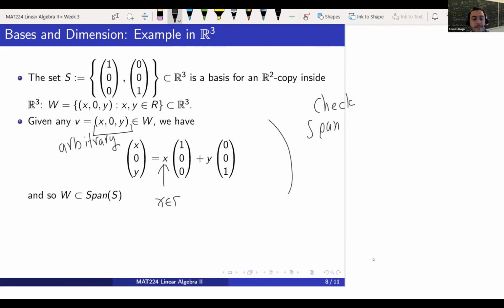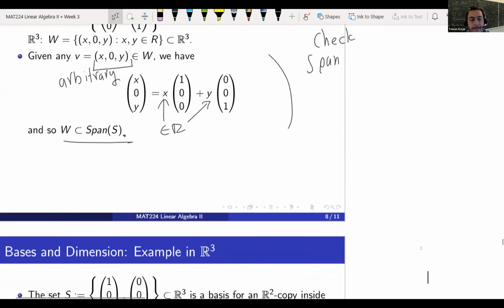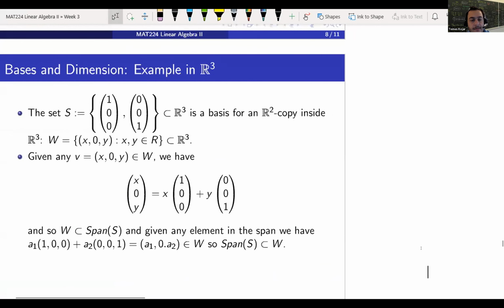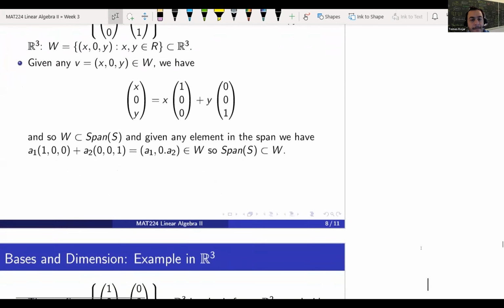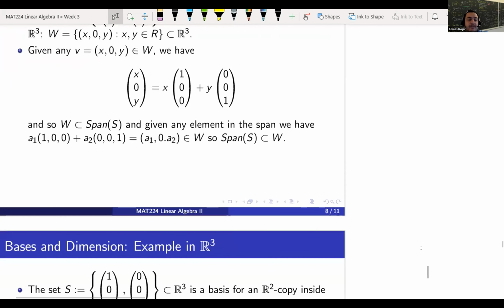So they're both in R. And we can do that because we have vector addition. We decompose the vector into these two vectors. So indeed this R2 copy inside R3 can be spanned by these two. I think that's okay. Also you can play this game in reverse.